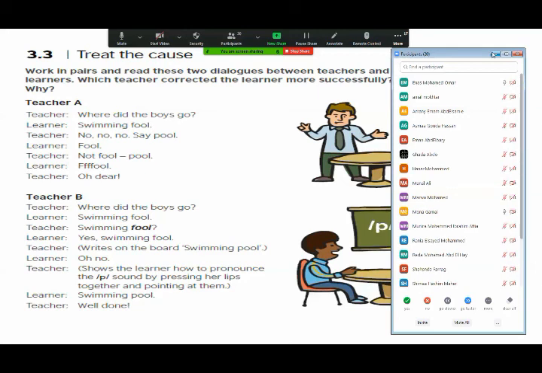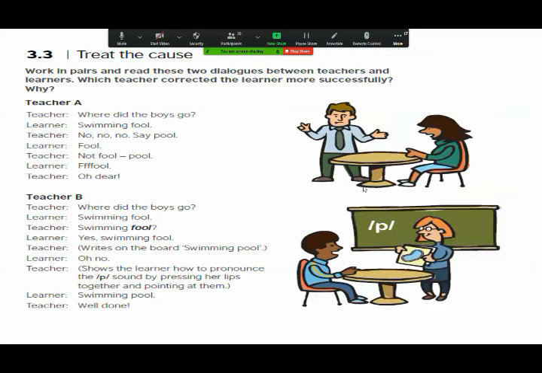He uses an old method of learning. I think picture B is better. She uses cards and gave the pupil a chance to write on the board. When the pupil pronounced the sound wrong, she tried again to teach him the right sound.